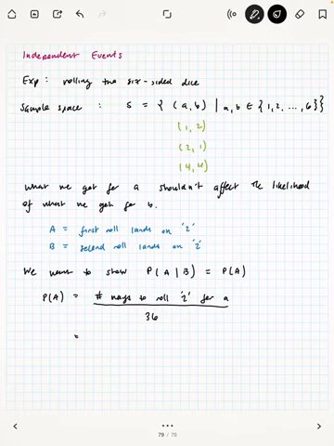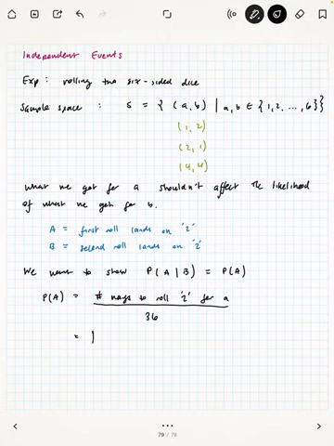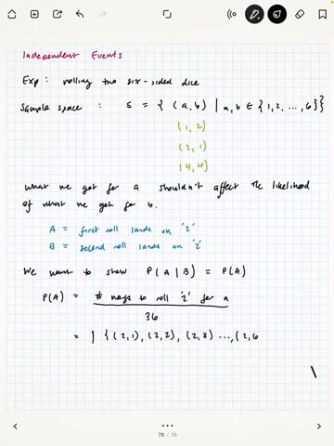And the number of ways you can roll 2 for A, remember, so if we write out the event A explicitly, what we're talking about is (2, 1), (2, 2), (2, 3), and so on to (2, 6).